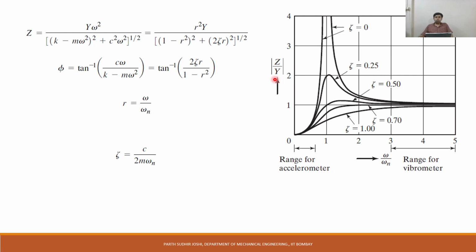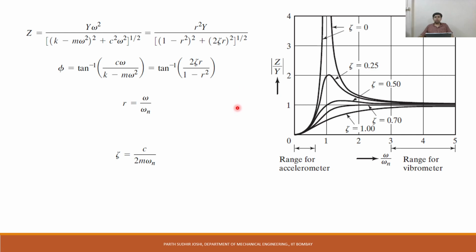So what we would expect, for the measurement by the vibrometer to be accurate, is that the quantity z, which is basically the relative displacement between the seismic mass and the vibrating structure, let us say x minus y, should be nearly equal to y itself.